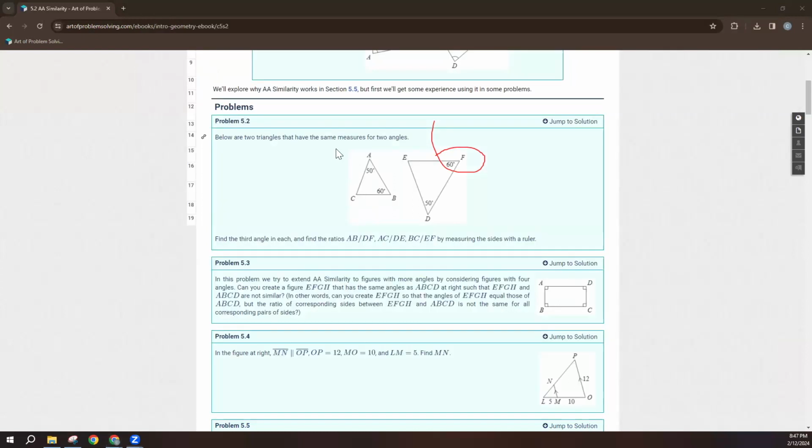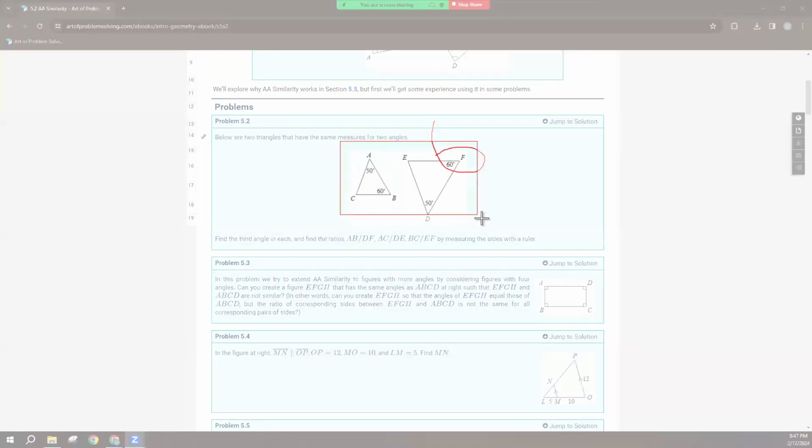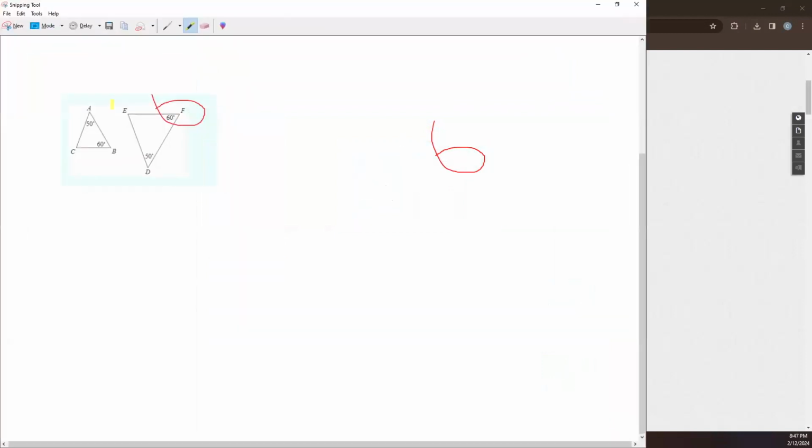And if we take that 110 and subtract it from 180 degrees, we get... this is going to be 110 plus angle C. And so therefore 180 degrees subtract 110 degrees is going to give us C. So angle C is going to equal 70 degrees.